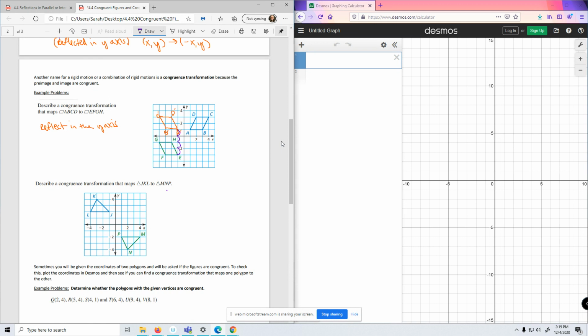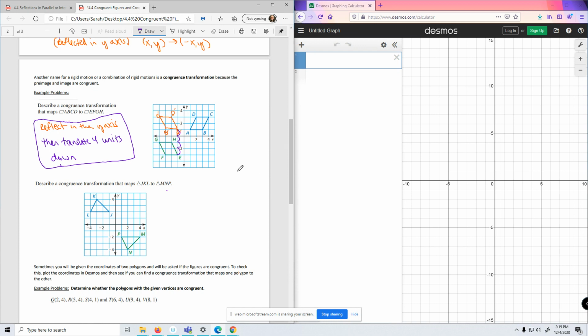And so then from there, we translate 4 units down. And so the combination of reflecting in the y-axis and then translating 4 units down is the congruence transformation that gets us from the starting blue parallelogram to the ending green parallelogram.